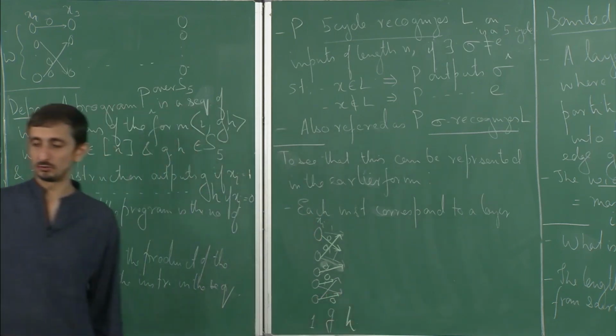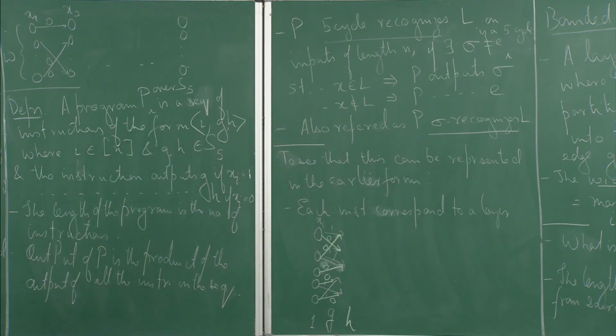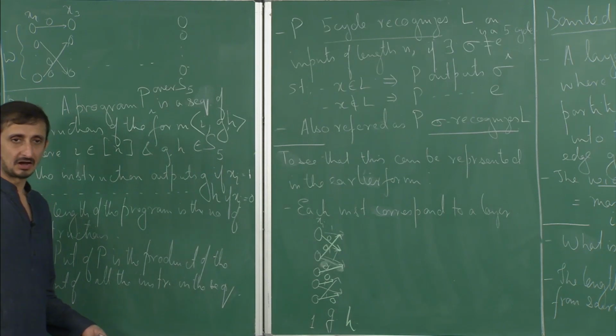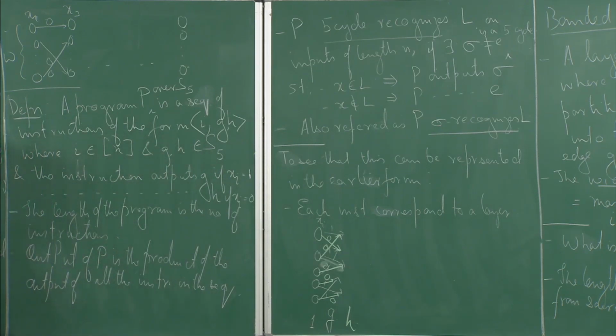This would correspond to the permutation h. Now, what about the start and the accept node? How do I define the start node and the accept node here?